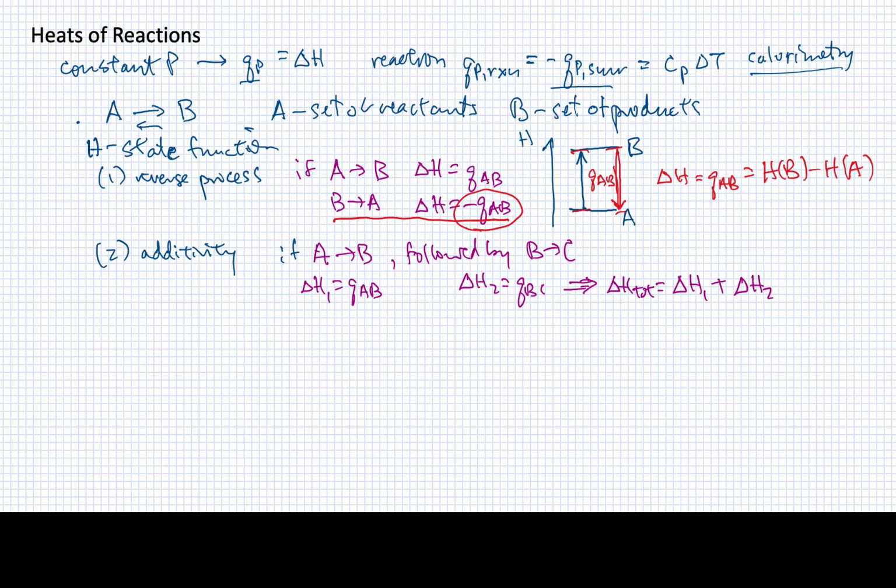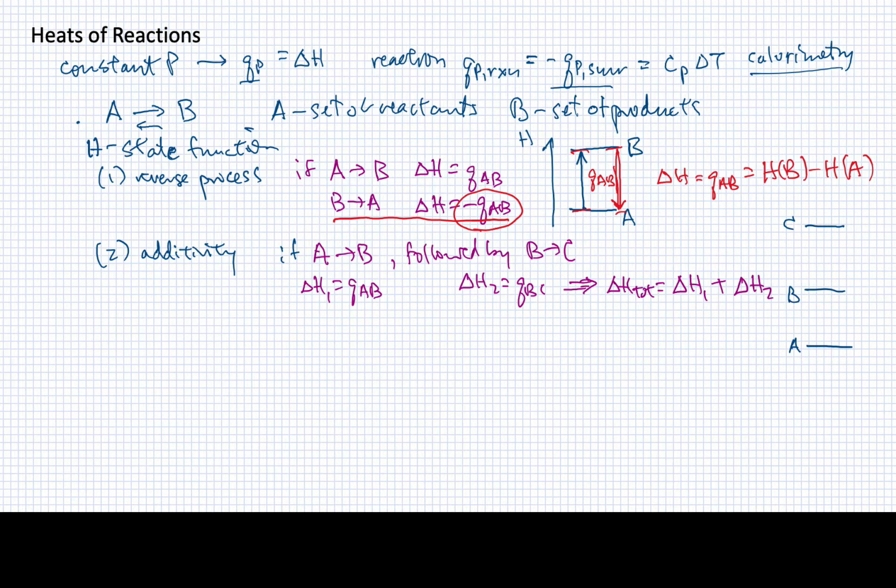All right, so how would I think of that in terms of drawing a picture? Okay, so again, I'll make this a really simplistic picture, although I could have ordered these energy levels any way I want. This will be A, this will be B, and this will be C. So if I'm going from A to B, then B to C, with corresponding heat changes QAB and QBC, then I think it's pretty obvious that the total heat change for this process is just going to be the sum of those two.